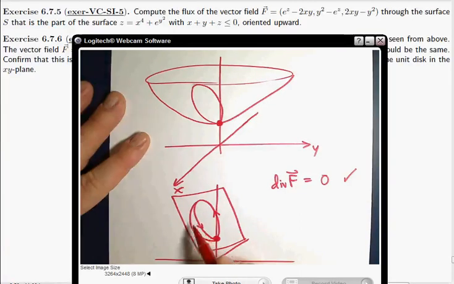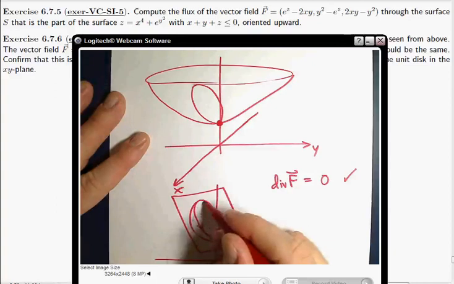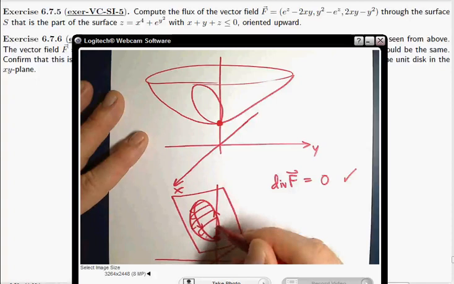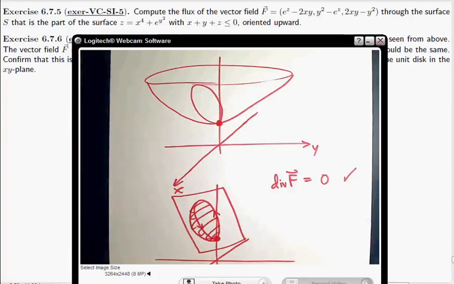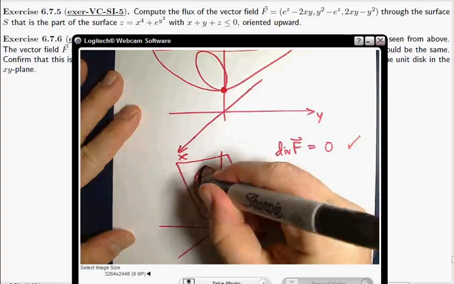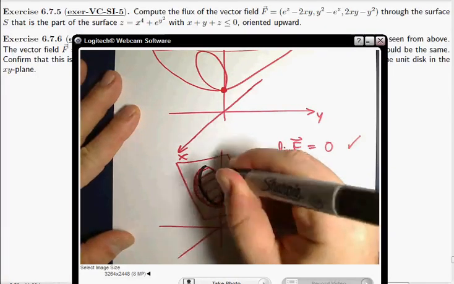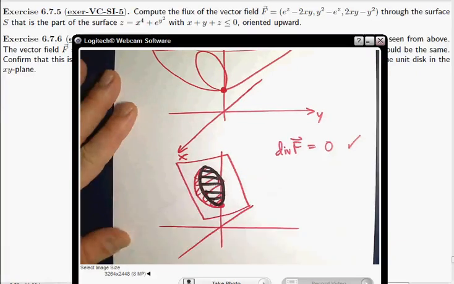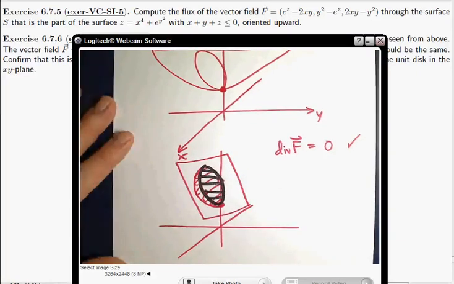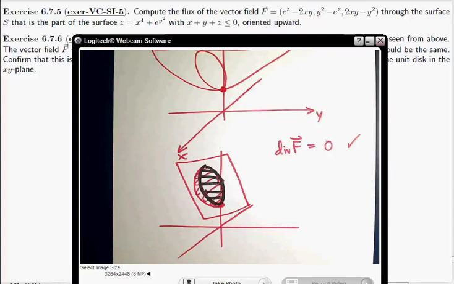So I can take any surface that has the same boundary, and I would much rather consider the flat surface in this plane that has that same boundary curve. Does that make sense?